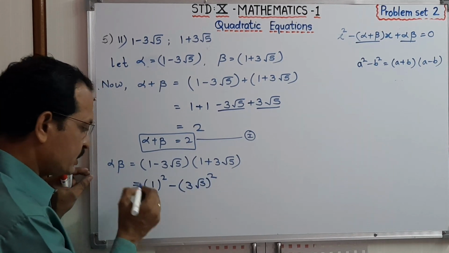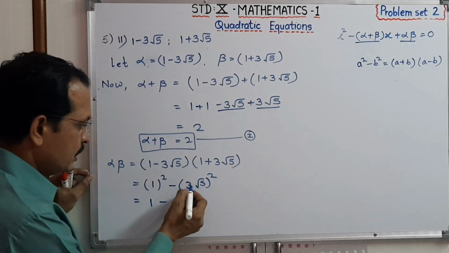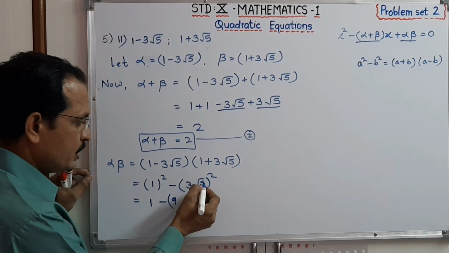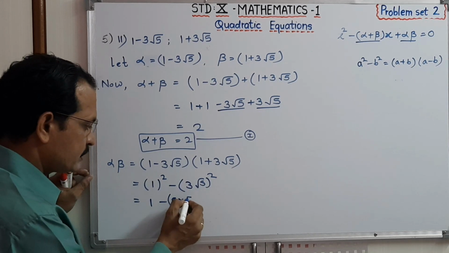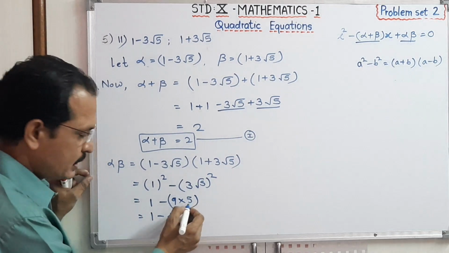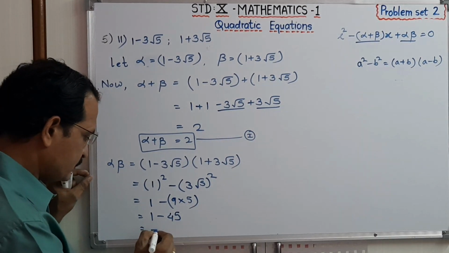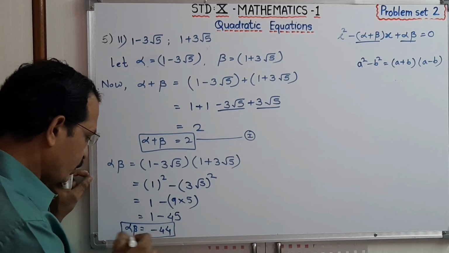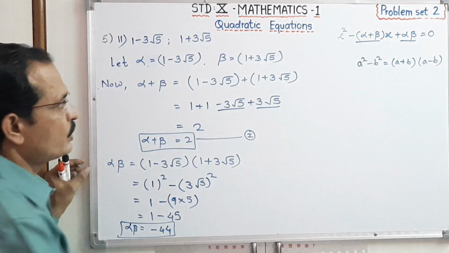Now square of 1 is 1 and minus square of 3 is 9 and square of root 5 is 5. Therefore 1 minus 9 times 5 is 45 and therefore it is minus 44. Dear student, we get here alpha into beta is minus 44.